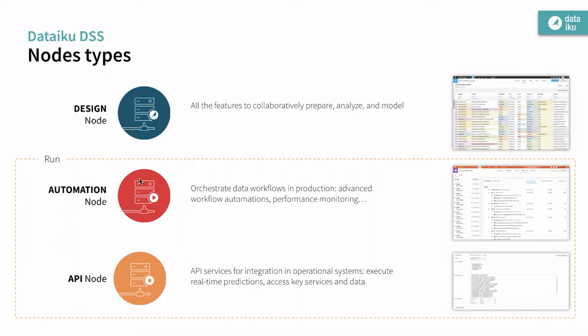The automation node is, let's say, sort of a batch processing node, where all of the things that were defined in the design node are actually leveraged. And then the second type of node for deployment is the API node, for the ability to create REST API services with components in the background coming from your projects.